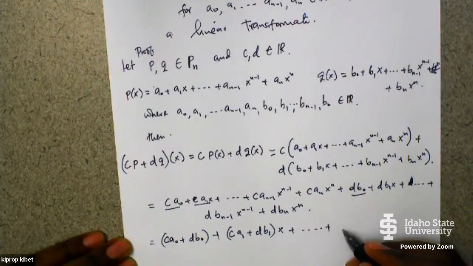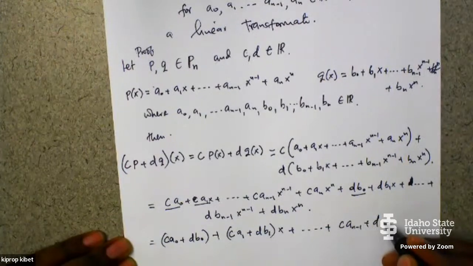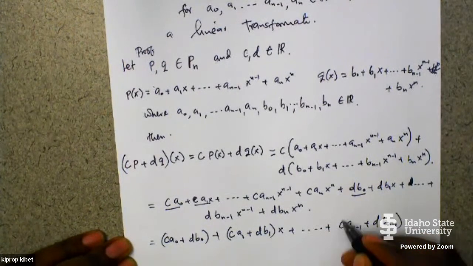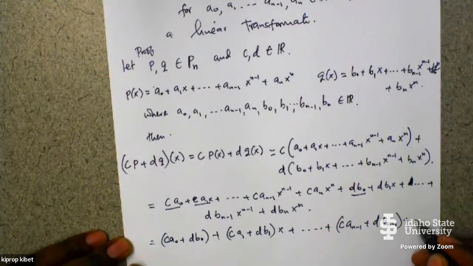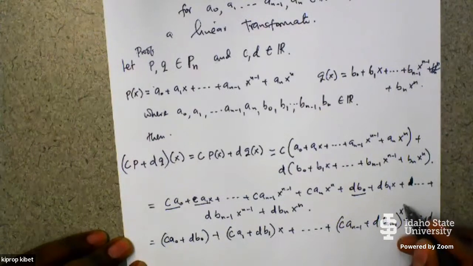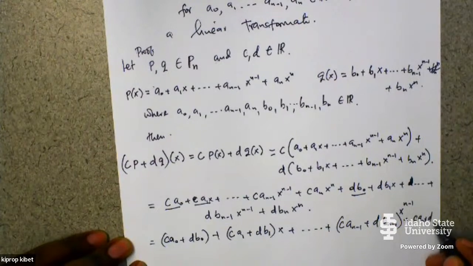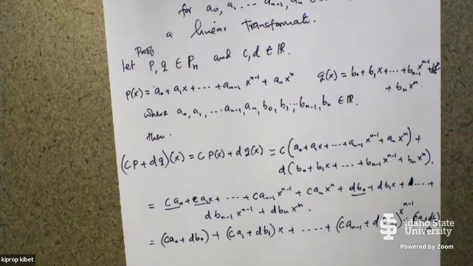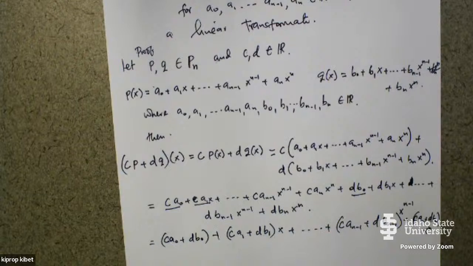The next one is (C a_{n-1} + D b_{n-1})x^{n-1}, and then (C an + D bn)x^n. So that is like that.